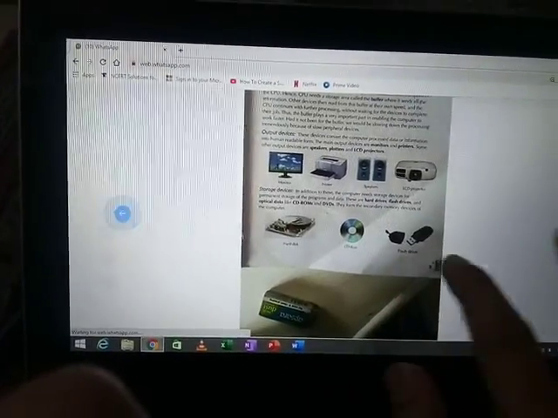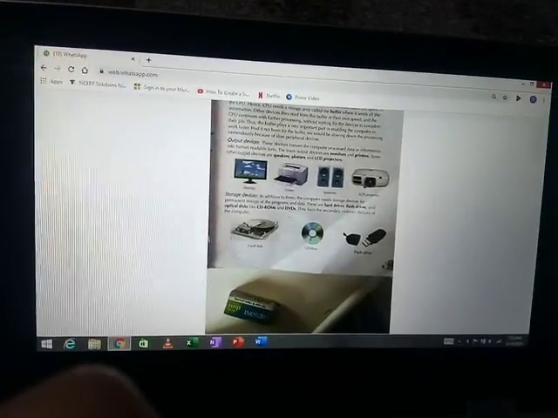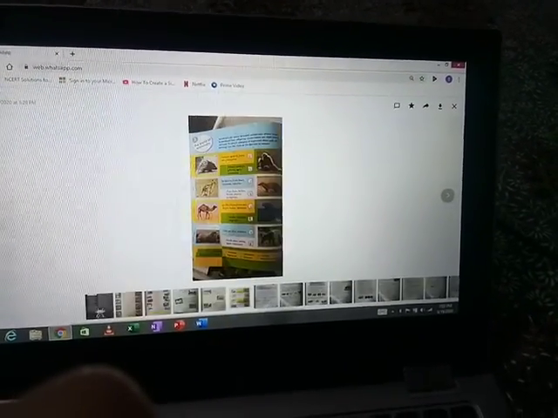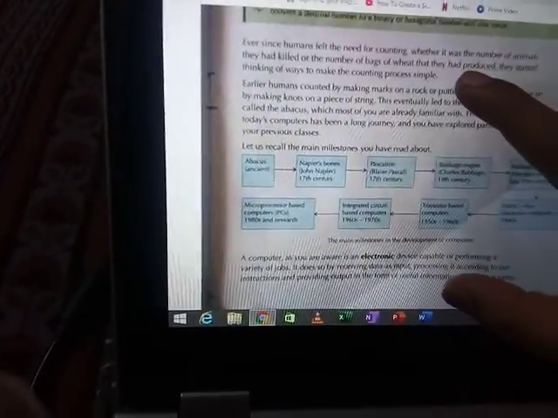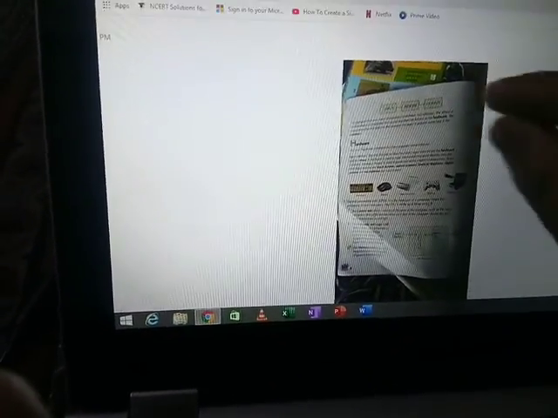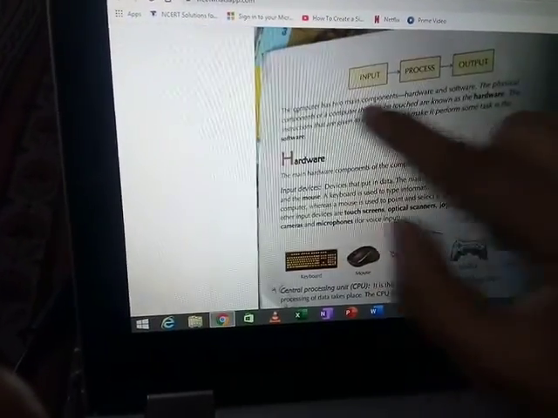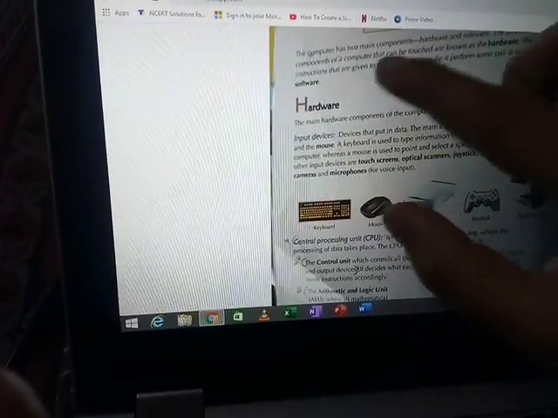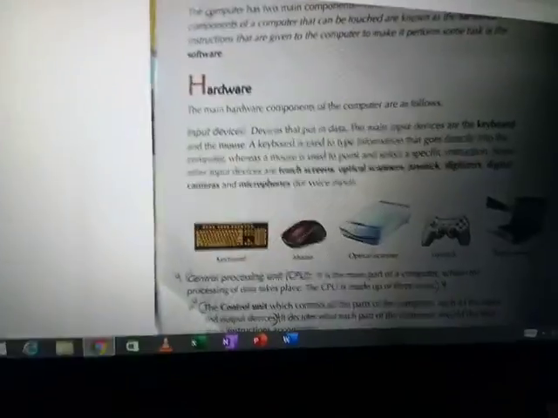So what are the things we saw? Let us remember, then we will wind up the class. First we saw about the computer, and then the evolution of the computer, which you saw last year. Then the two components of a computer, hardware and software. Hardware is the thing which we can touch and feel.